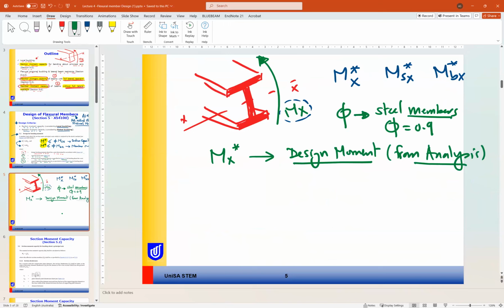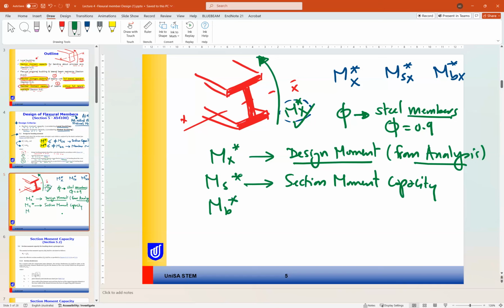If you do your structural analysis, you will find the moment applied to the beam. So this is M*X. MSX is the section moment capacity. MBX is the member moment capacity.